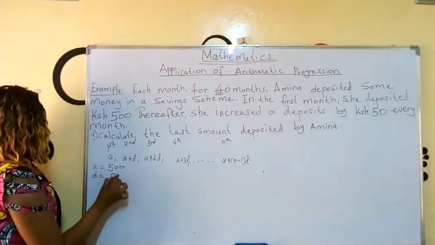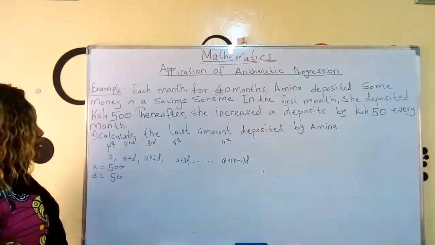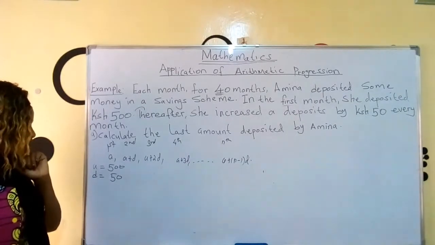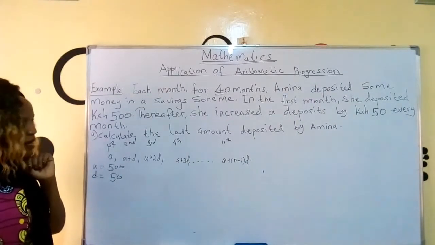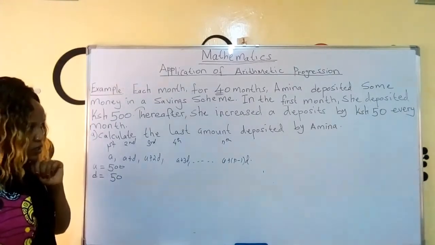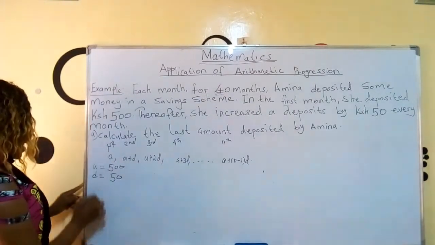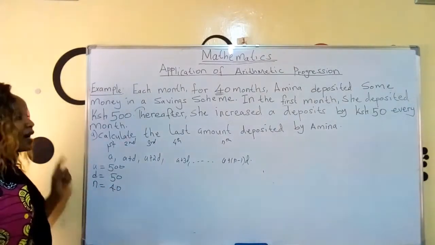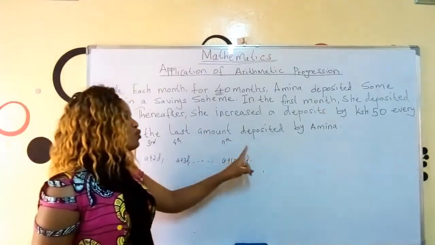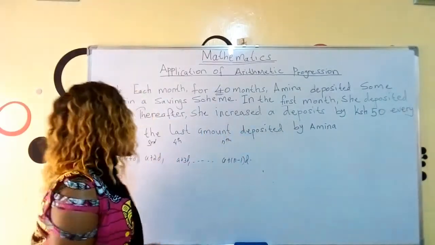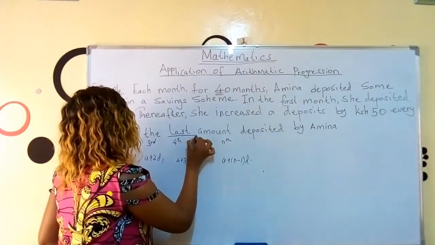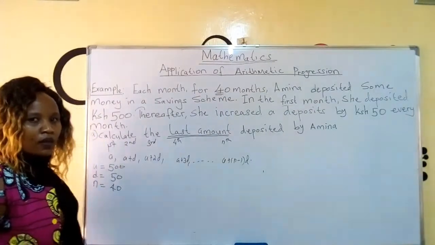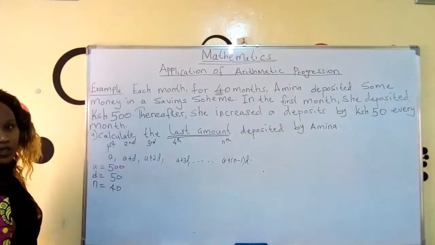So D is 50 shillings every month. So what we need to know is how many months Amina saved. We know N is 40 months. The last amount deposited is at the last term, and the last term here is 40.